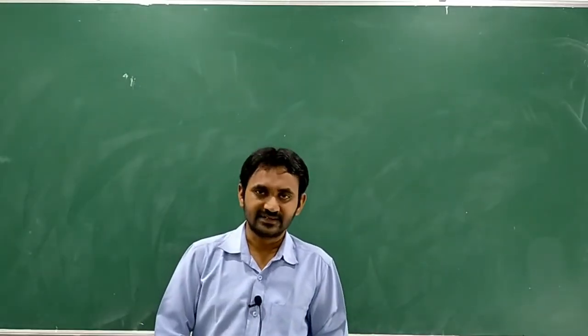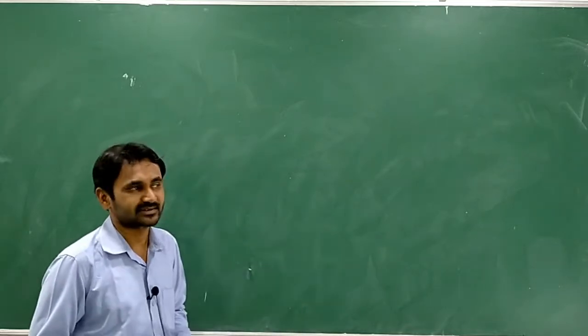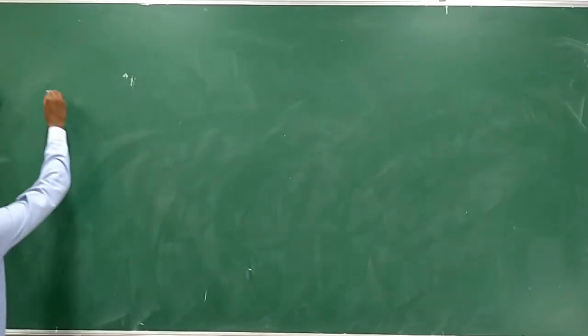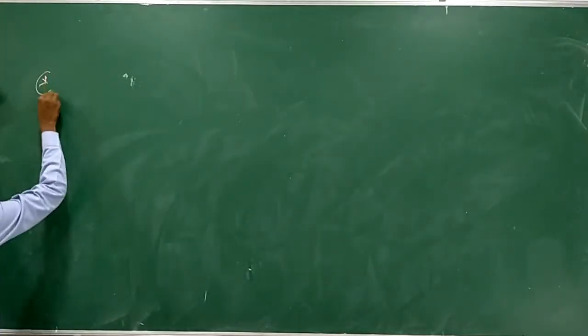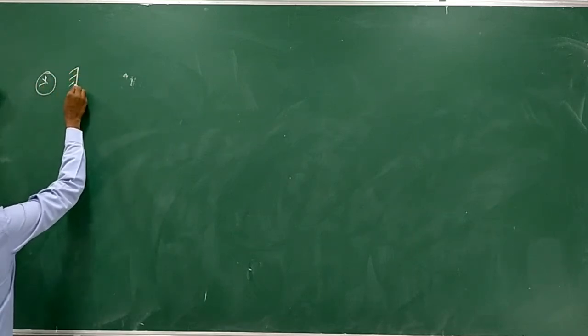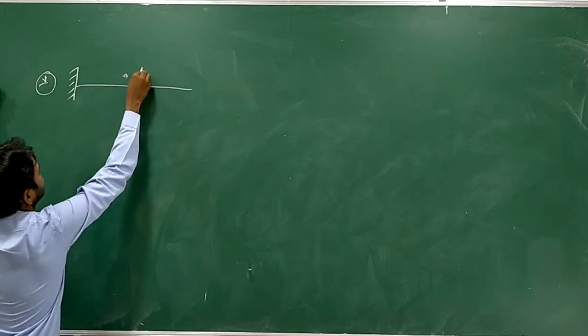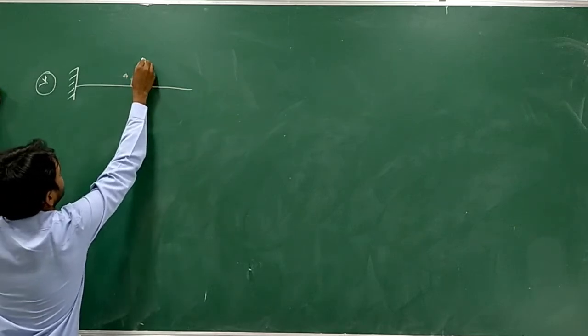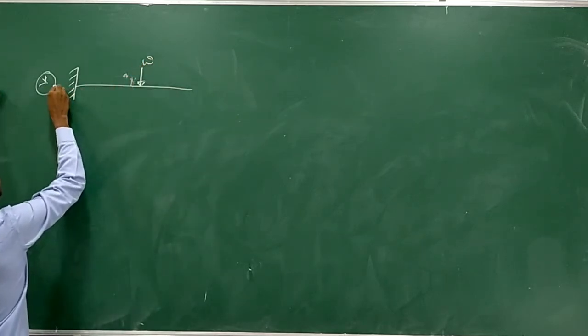Now let us see the next case, the second standard case. That is a cantilever beam only, but here the load is not at the free end. Let us say the load is at this point.